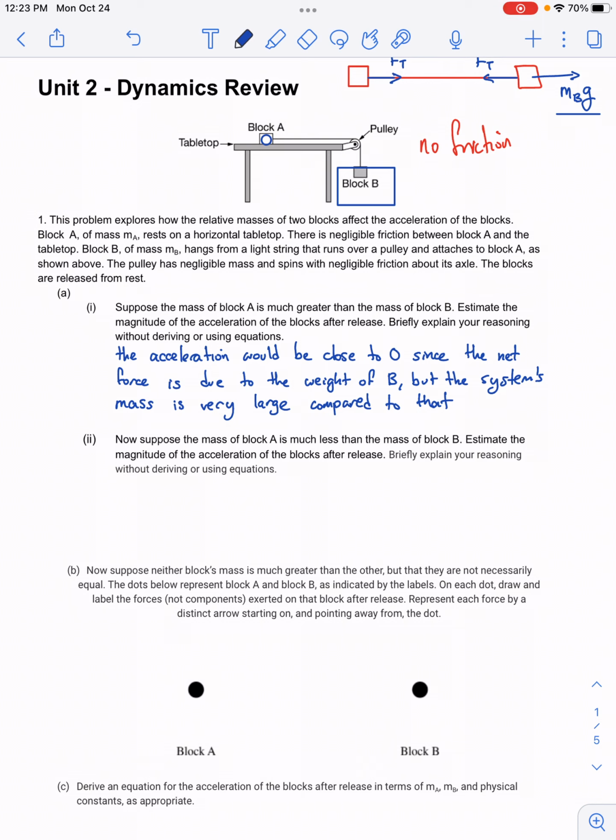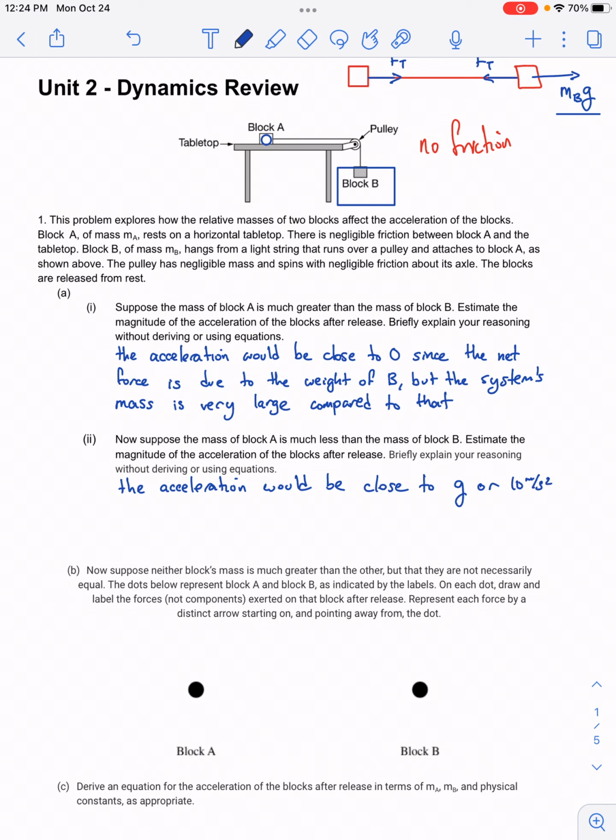Block A is basically offering very little resistance to the net force, or very little inertia, I guess. And so the acceleration would be close to g, or 10 meters per second squared.